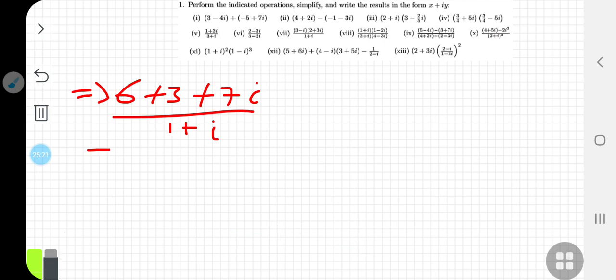From here, I'm going to have 9 plus 7i over 1 plus i there.